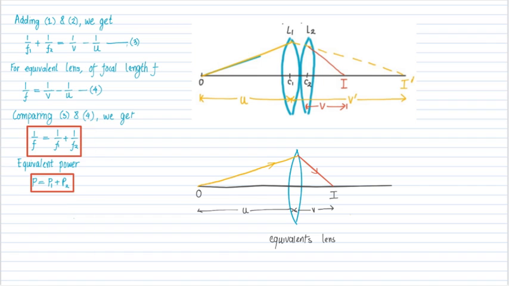So now, instead of considering only two lenses, consider that there are n thin lenses in contact.